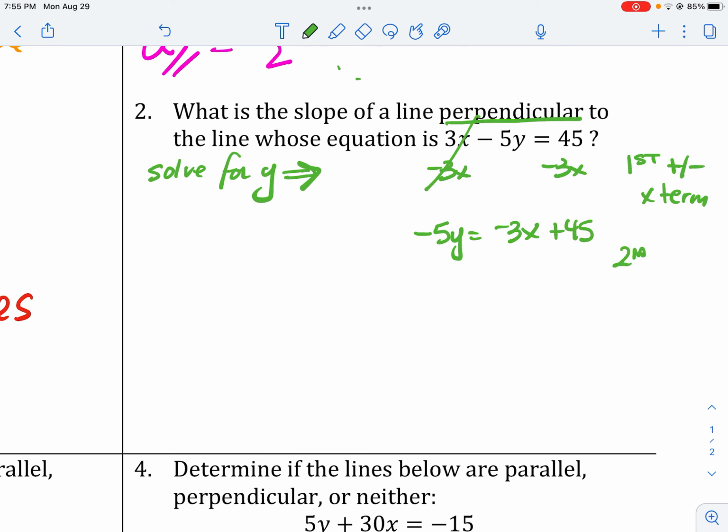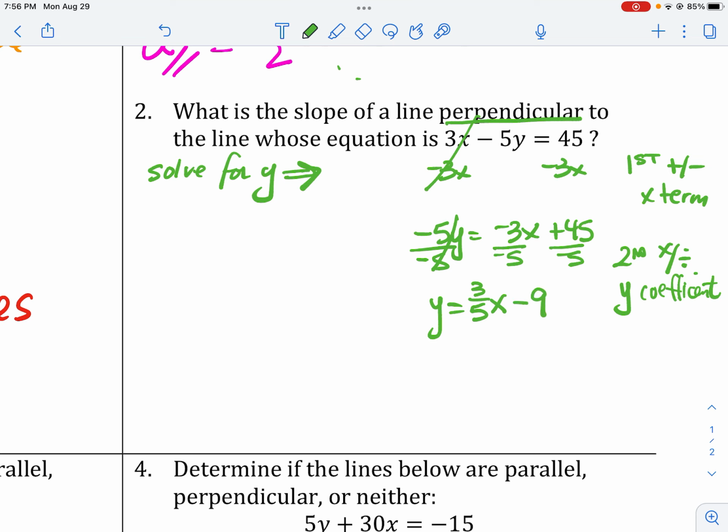The second step is to multiply or divide by the y coefficient. So that's the negative 5. So I get y equals, 2 negatives make a positive, 3 over 5x. 45 divided by 5 is 9, and it's negative. So here's our slope, but I'm looking for perpendicular slope.